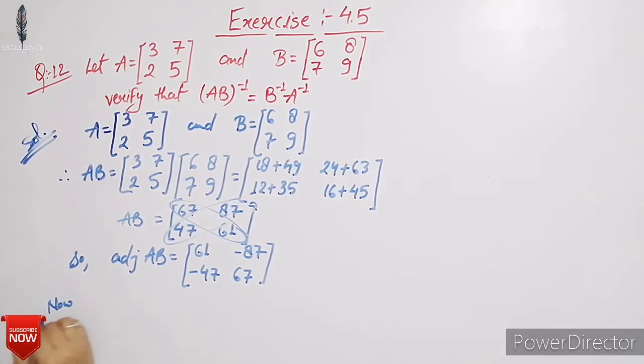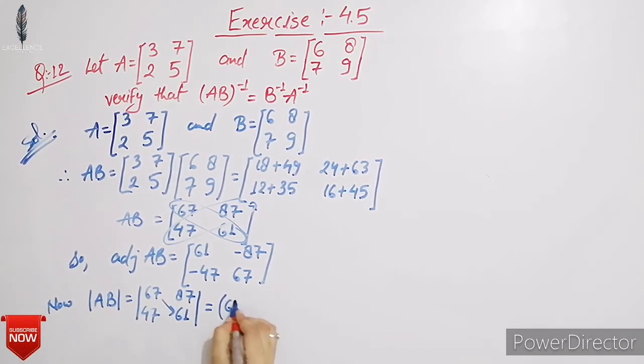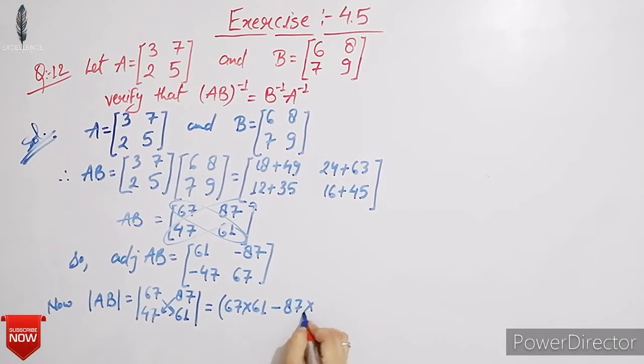Now the determinant of AB is equal to the determinant of 67, 47, 87 and 61. That is equal to 67 into 61 minus 87 into 47.